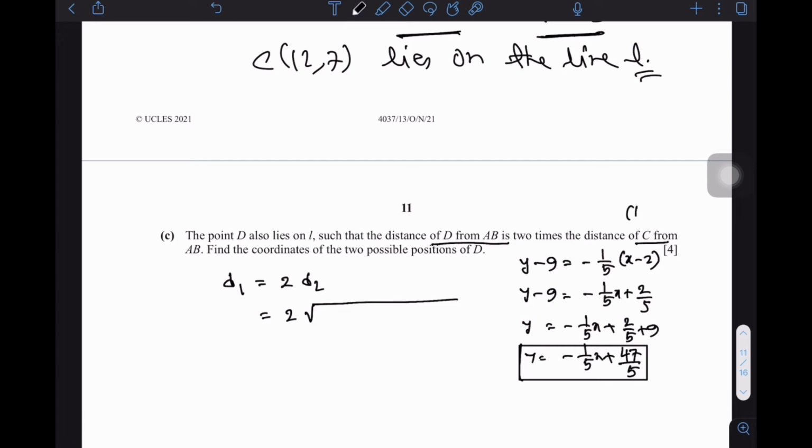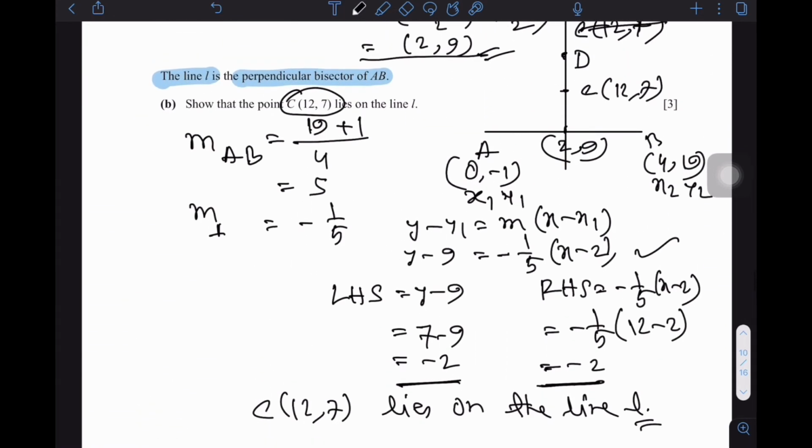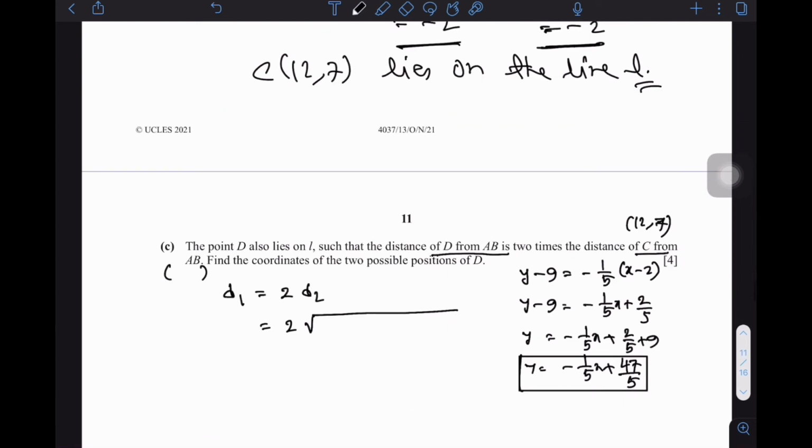C's coordinates are (12, 7) and the midpoint of AB is (2, 9). So 12 minus 2, 10 squared, 7 minus 9, so 2 squared, root over 100 plus 4, 104.